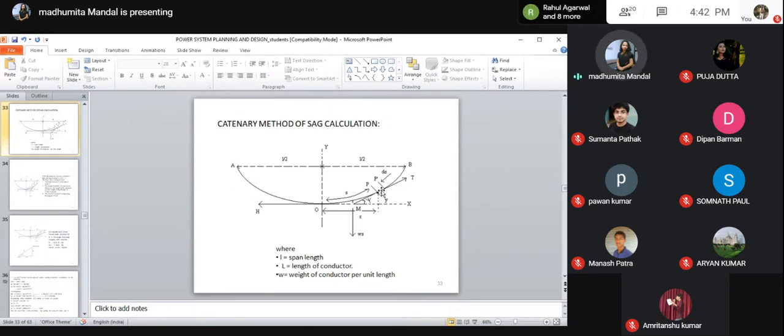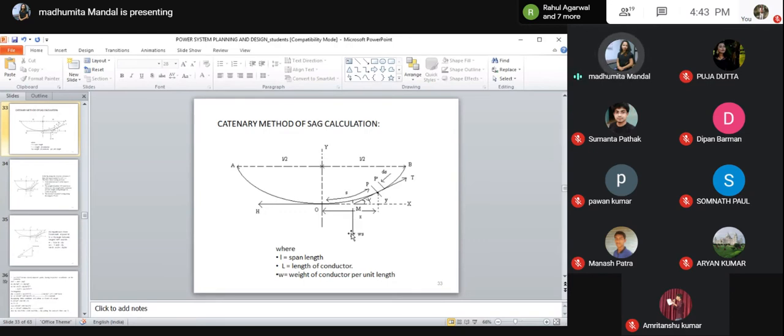And another point P dash is very near to P, at a distance say ds. If we consider this small length OP, that is S, then what forces act on it? One is this horizontal tension H. Another is the weight of this portion of the conductor, which will act at the center of gravity.